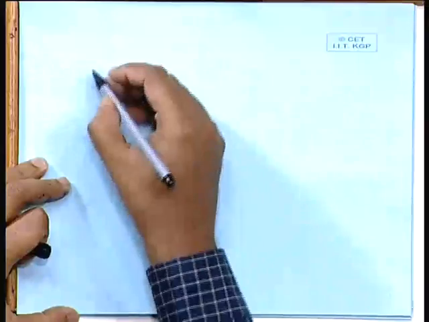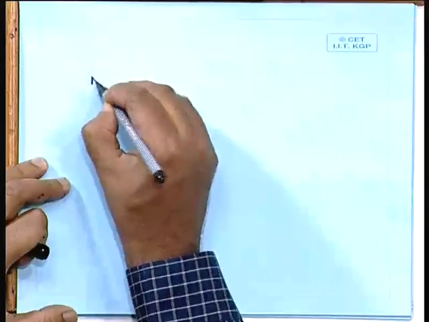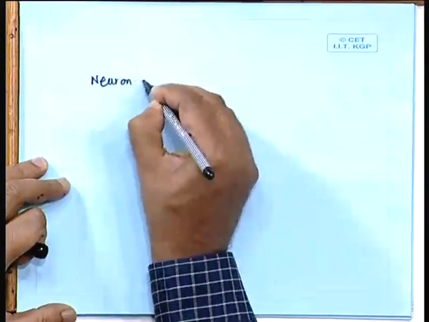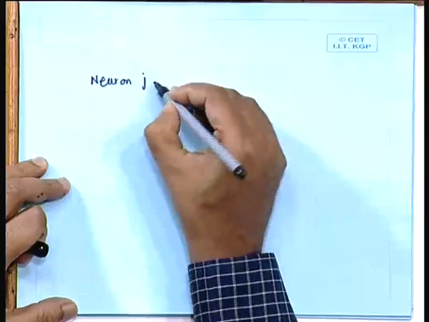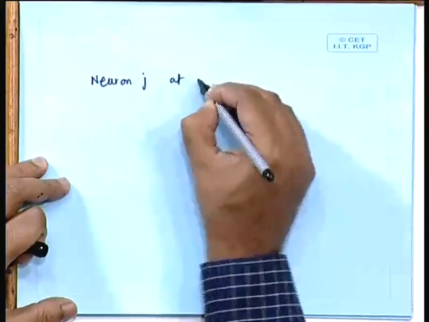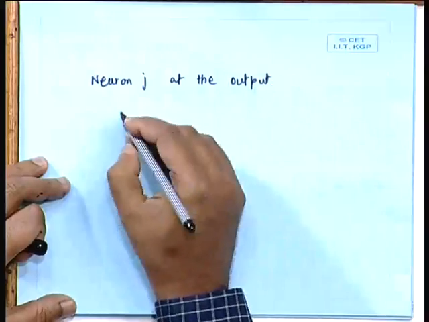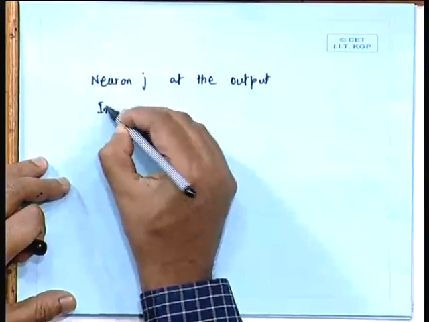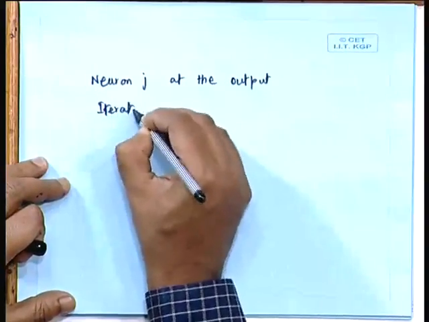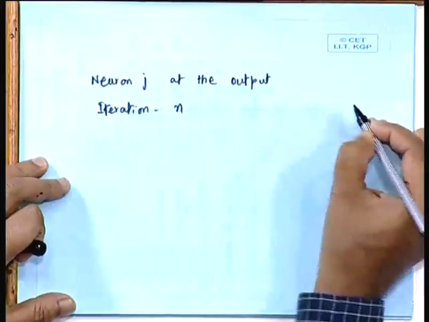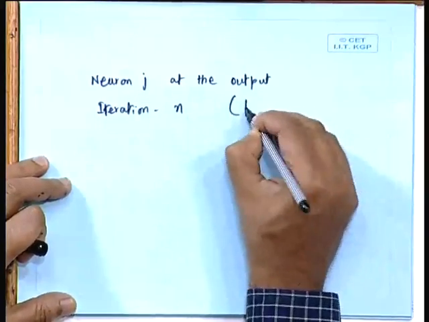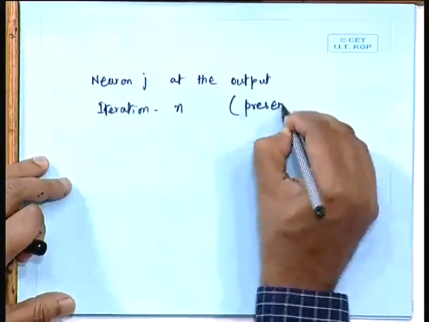Okay. So, let us consider an output neuron j. We consider neuron j at the output, and we consider the iteration number to be n. Iteration n means it is the presentation of the nth pattern.